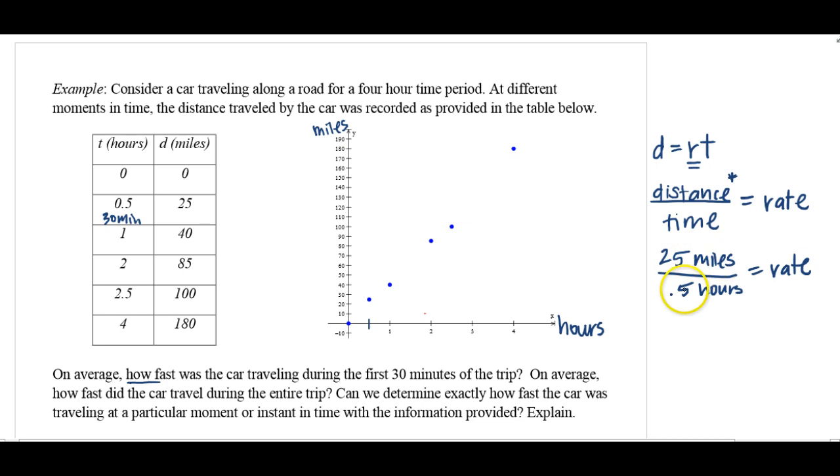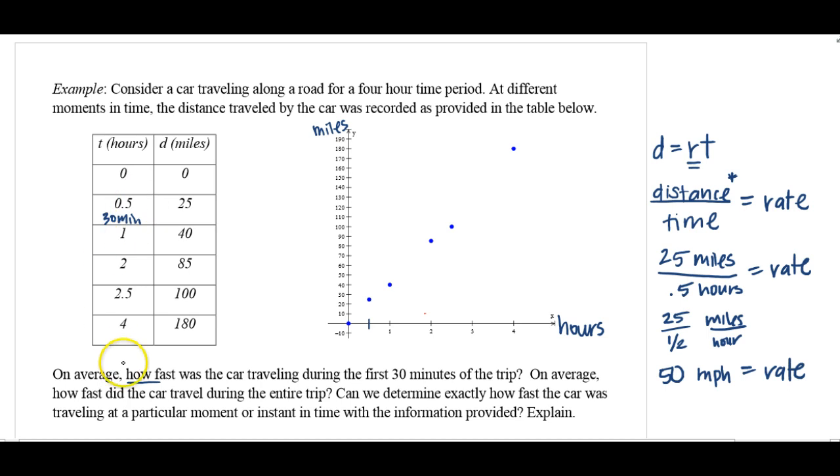So here, 25 miles over 0.5 hours, well, that's 25 over a half, miles in an hour. So 25 divided by half is 50, and hopefully you're thinking, well, miles in an hour, that's miles per hour. So on average, I was traveling 50 miles per hour over the first 30 minutes of my trip.